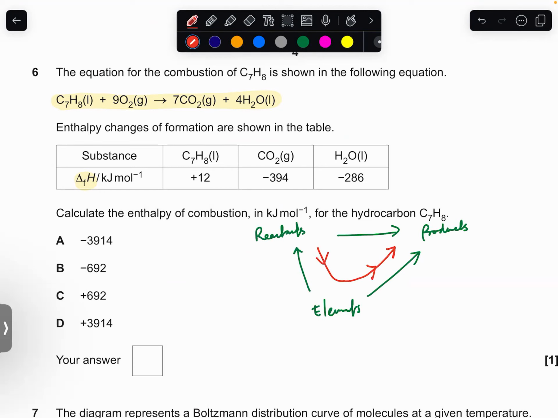So it's going to be minus the enthalpy change of formation of heptane. Oxygen is 0, because forming O2 to give you O2, there's no energy change in that. So that's going to be 0. And then you add this times 7 and water times 4. Let's see what that gives.